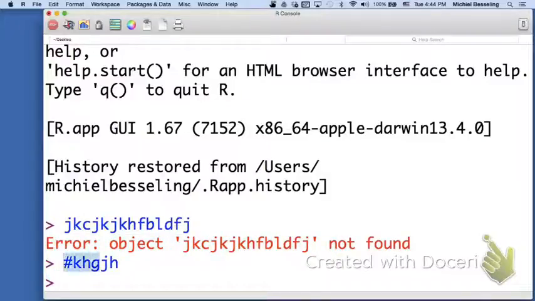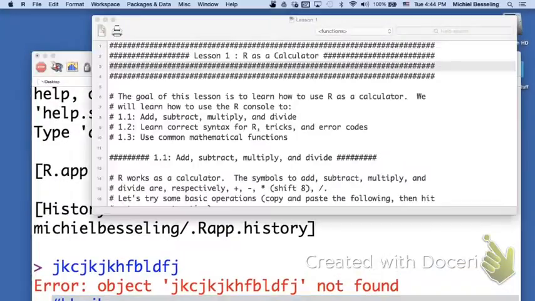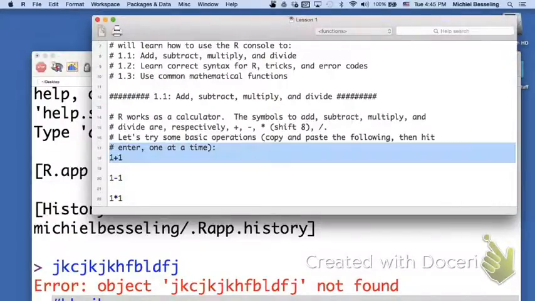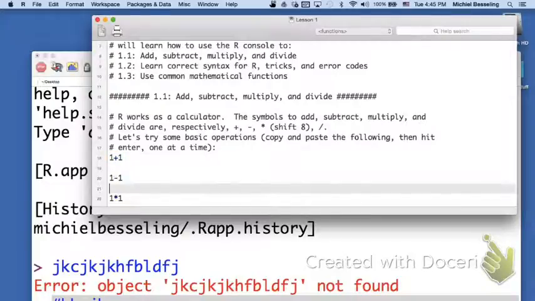Why? Because it ignores anything after a hashtag symbol. So the reason why there's all these pound symbols is if you happen to accidentally copy and paste in all these words, it's going to ignore them, and it's just going to look at the code. We'll get there in just a second.